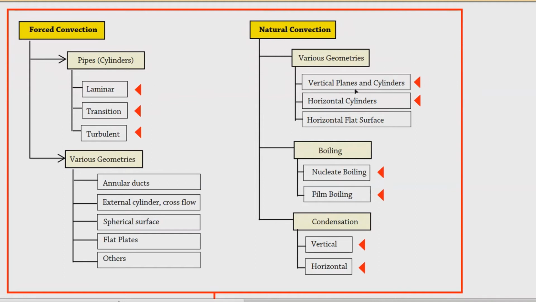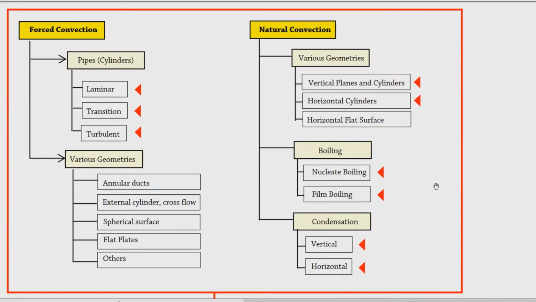There are various geometries, and as you can see here, there are vertical planes and cylinders, horizontal cylinders. Now, you would be asking, why do we still have cylinders here when you're not actually using pipes and pumps for natural convection? Well, the thing is, these can be storages. If you're storing water in a certain place, when the temperature on the outside is a lot greater or lesser than your temperature, just if there's a temperature gradient.